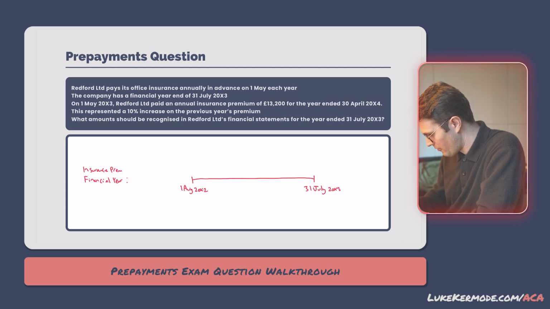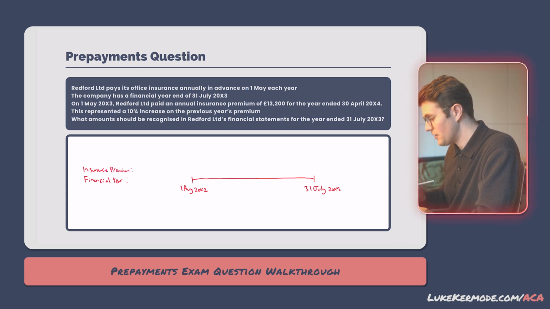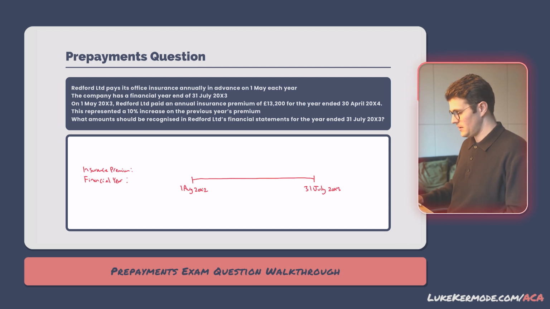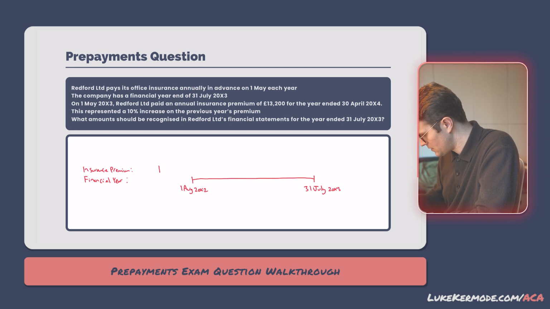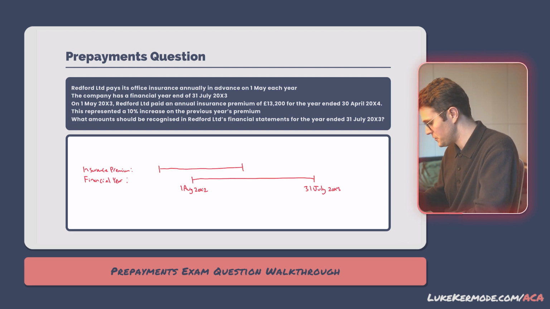So we've got two periods that we need to map out. So the first coverage period runs from the year to 30th of April 2003.